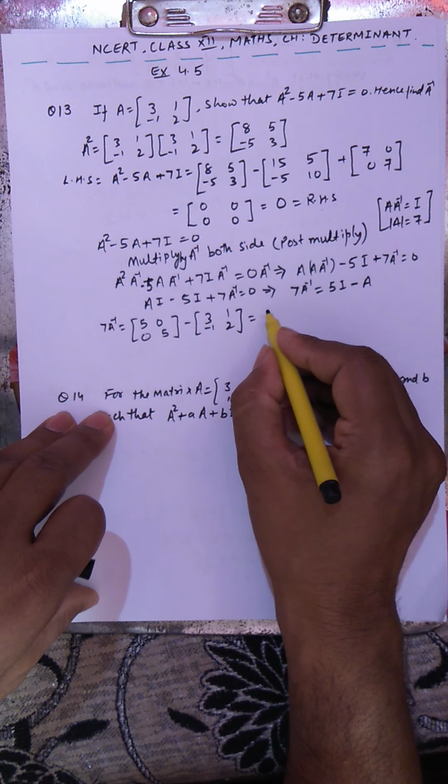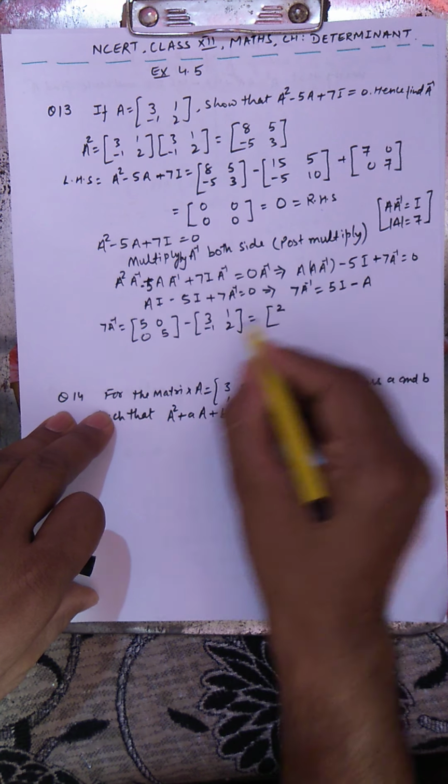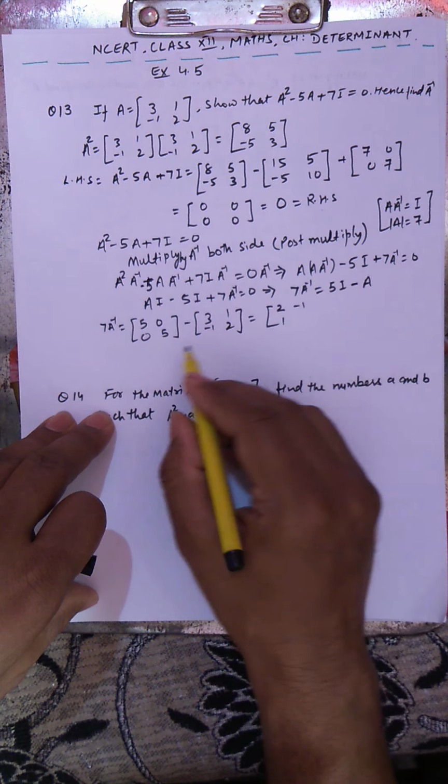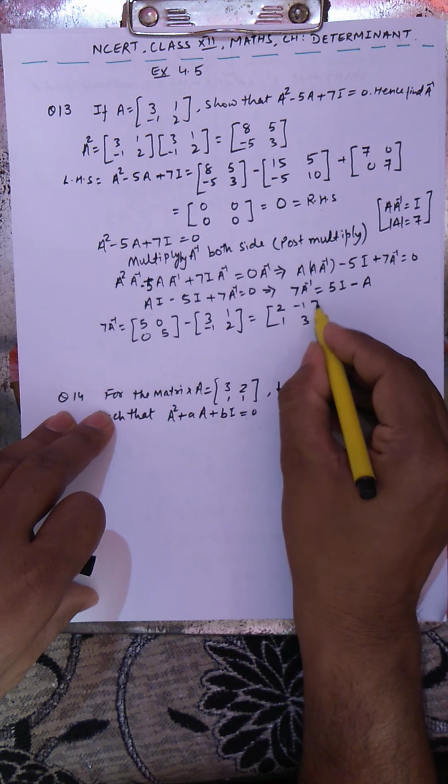So ultimately it's coming 5 minus 3, this is 2, 0 minus minus 1, this is 1, 0 minus 1, 5 minus 2, this is 3.